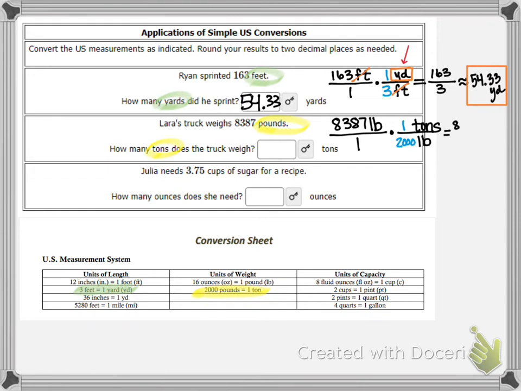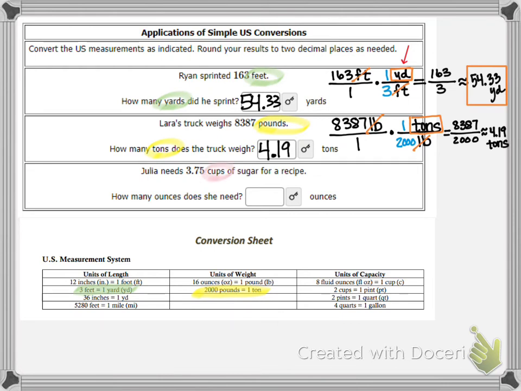Now when I multiply straight across, 8,387 times 1 is my numerator and 1 times 2,000 is my denominator. The units of pounds will divide out and I will be left with tons. After I do my division and round to 2 decimal places, I get 4.19 tons.